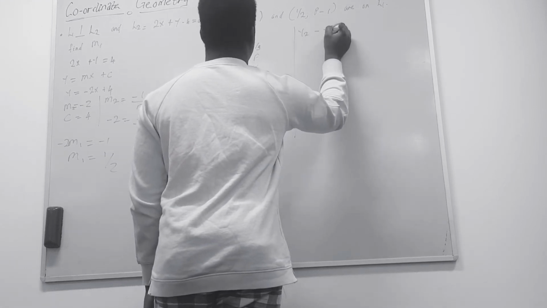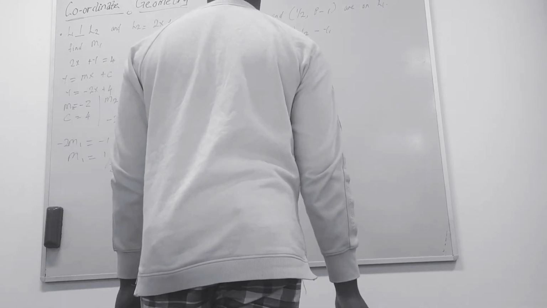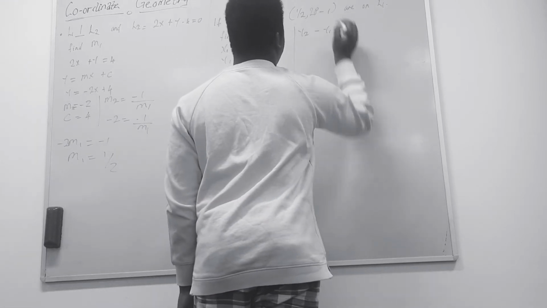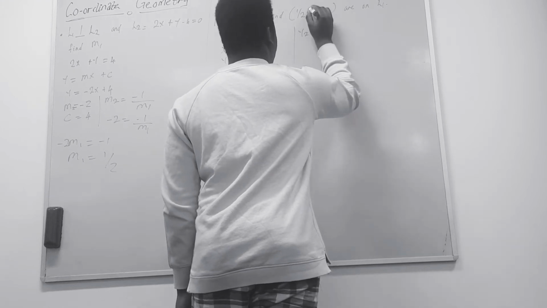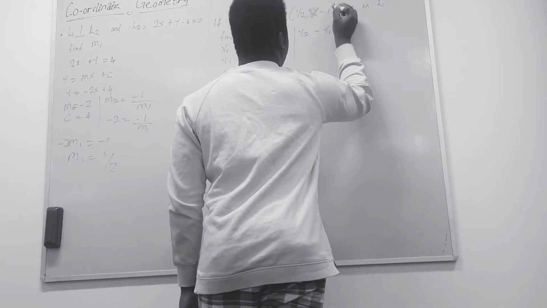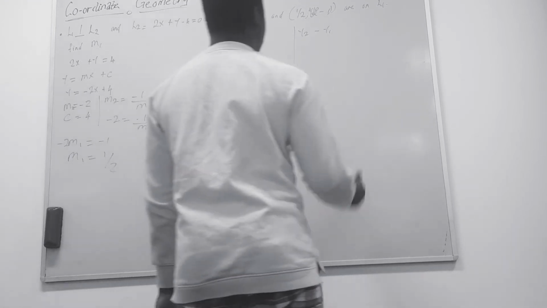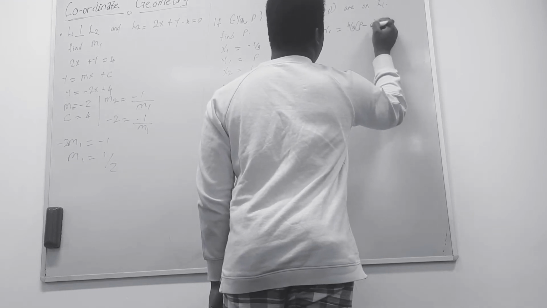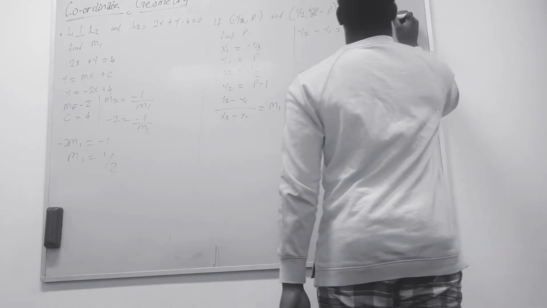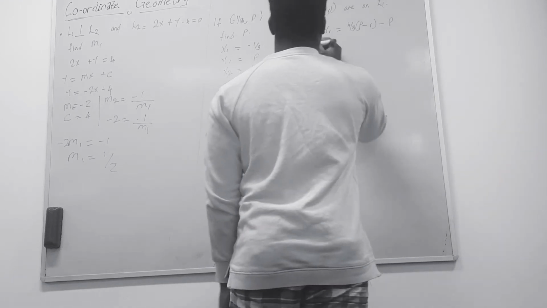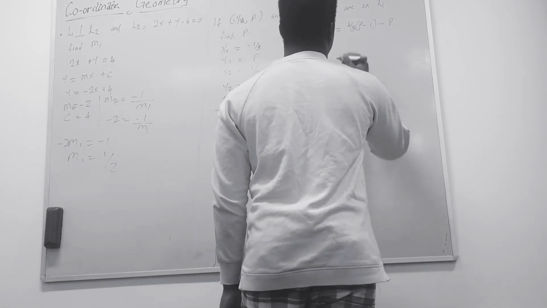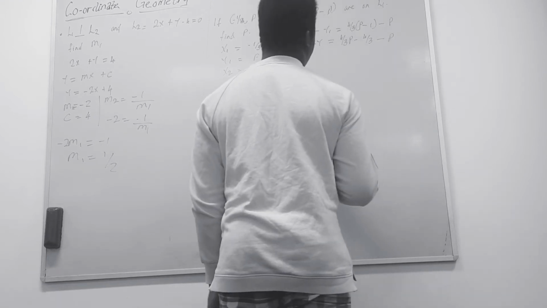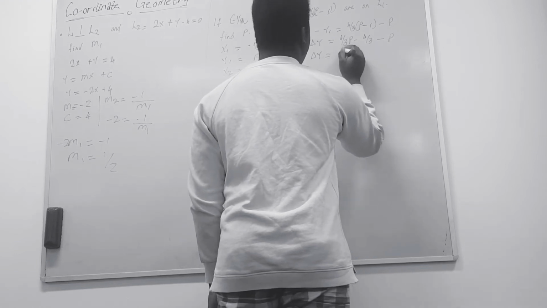y2 minus y1. I hate this. Let's make it 4/3. y2 minus y1 is equal to 4/3 P minus 1, minus P. Delta y is equal to... I'm going to do it very step by step here.